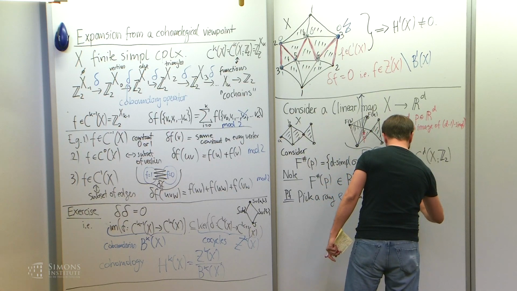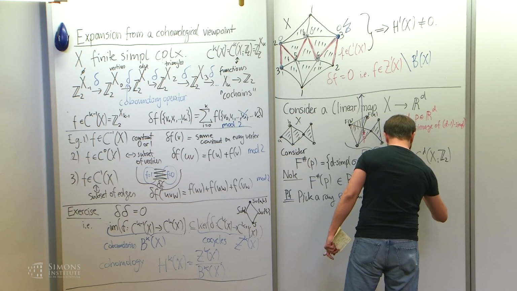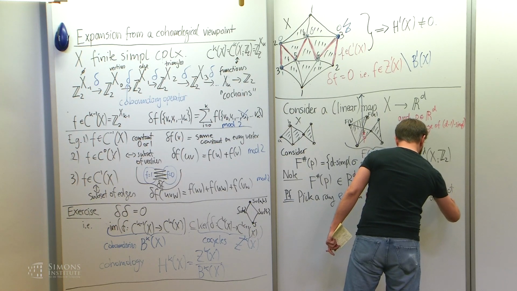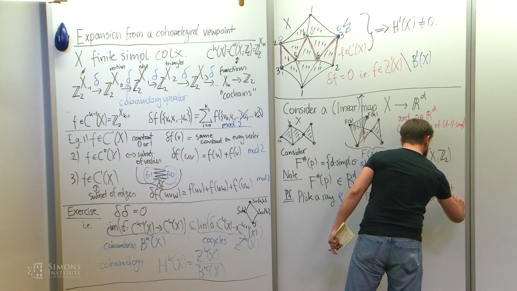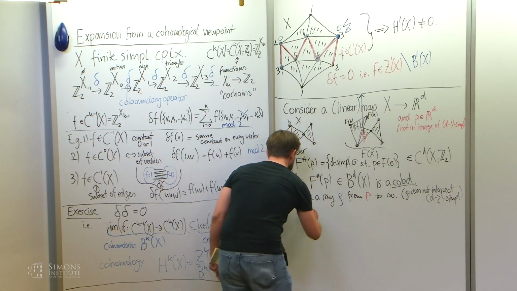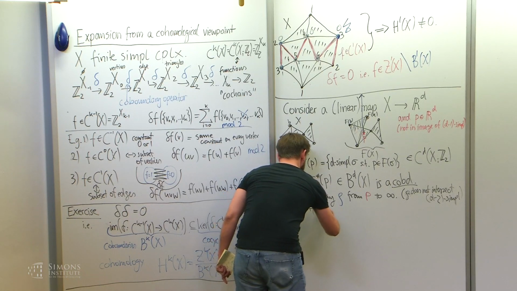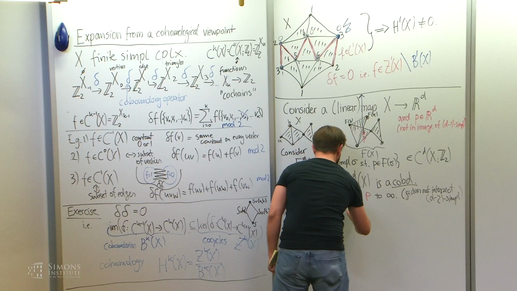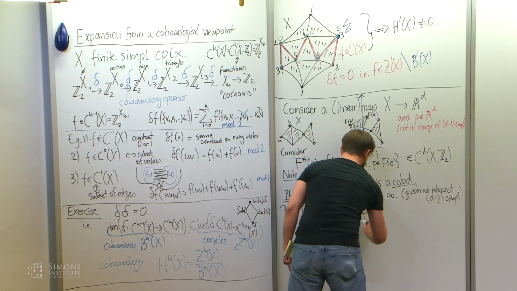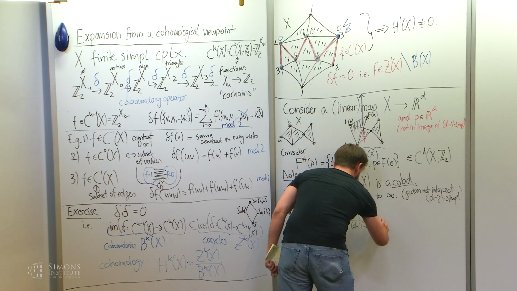Or in general, rho should not pass through simplices of dimension d minus 2. Well then, I claim that f sharp of P is the coboundary of f sharp of rho, which is the set of all (d minus 1)-simplices intersecting rho.